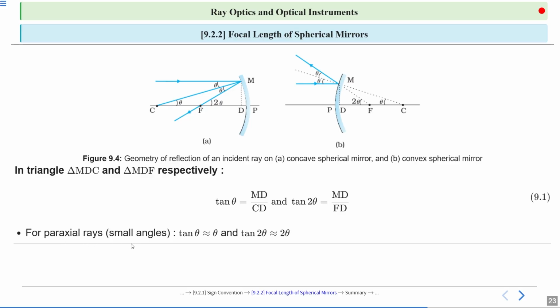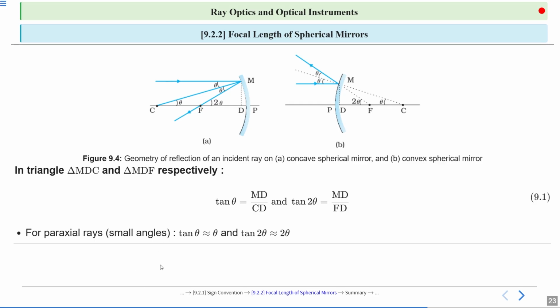For paraxial rays, the rays that are very close to the principal axis, we consider these angles to be very small. This is our assumption according to paraxial rays. The rays are very close to the principal axis, so the curvature is very less significant, due to which these angles are very small.